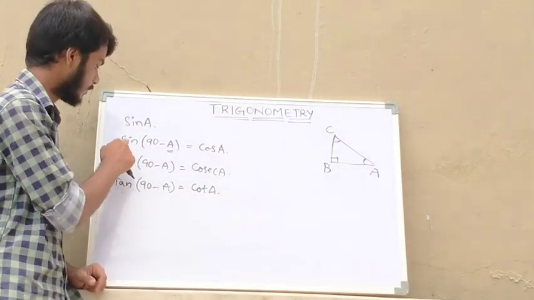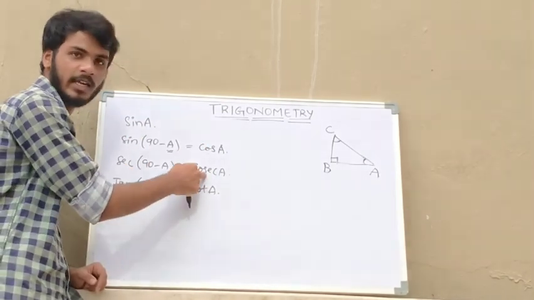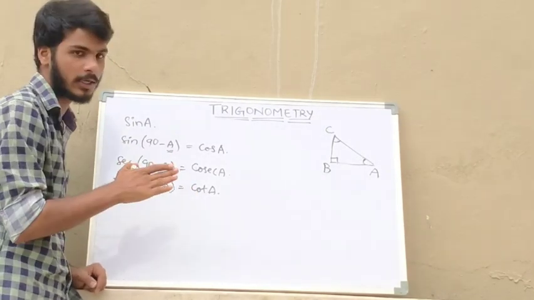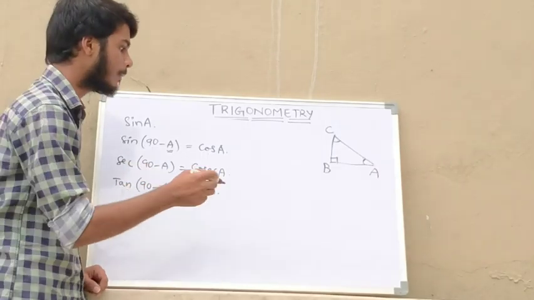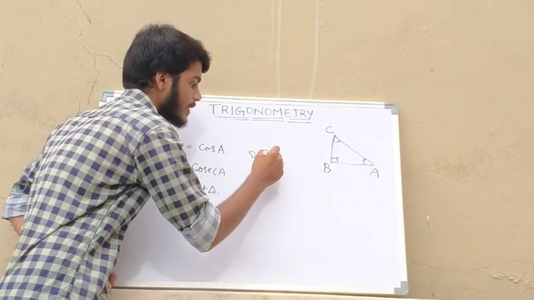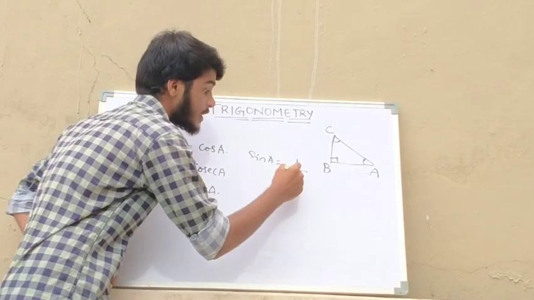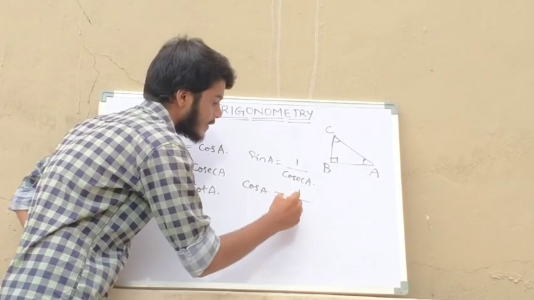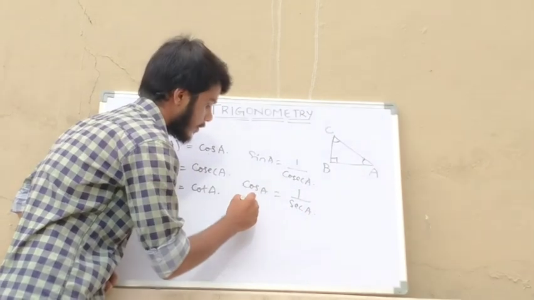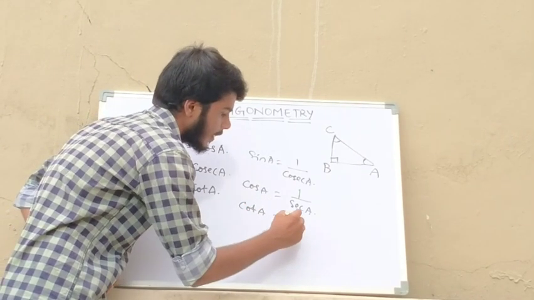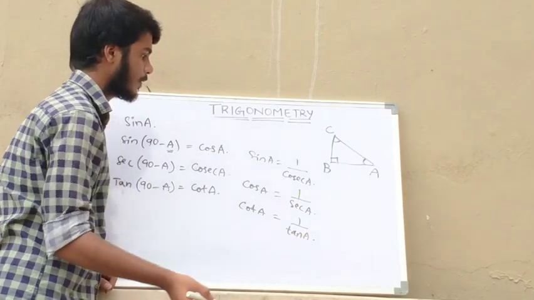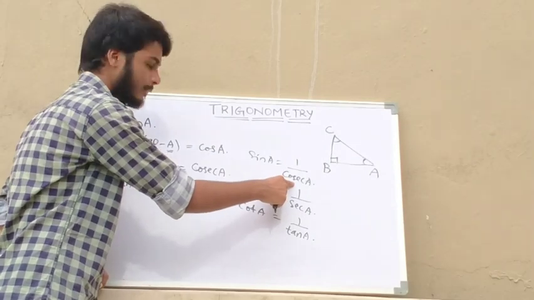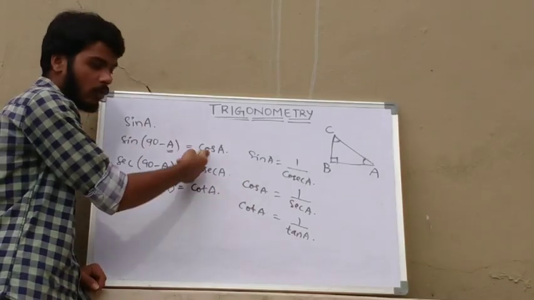Sin, cosine, secant, cosecant, tangent, cotangent. So don't get confused here. In the case of reciprocals, sin A equal to 1 by cosecant A, cos A equal to 1 by secant A, cot A equal to 1 by tan A. Here sin is reciprocal to cosecant, but here sin changes to cos.